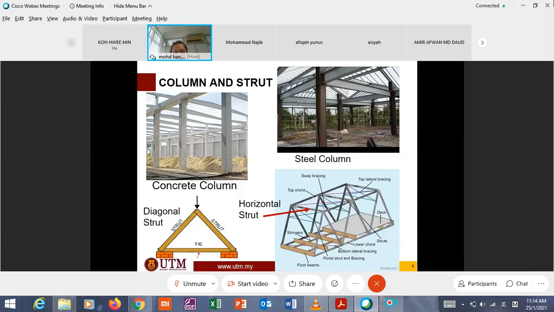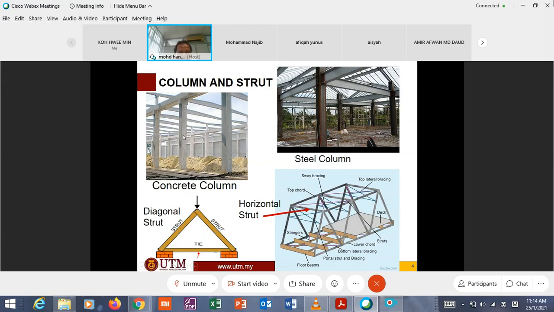Just for information on practical aspect of column, this is concrete column, or reinforced concrete column. As you know, in concrete structure, there must be steel reinforcement inside here to make it composite. Without steel reinforcement, the concrete will become brittle. Brittle means it is not ductile.